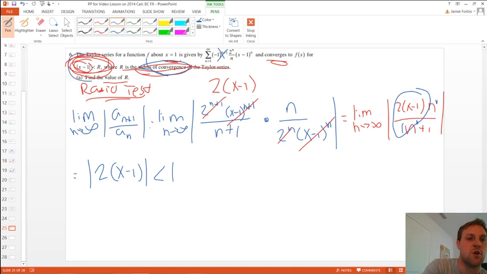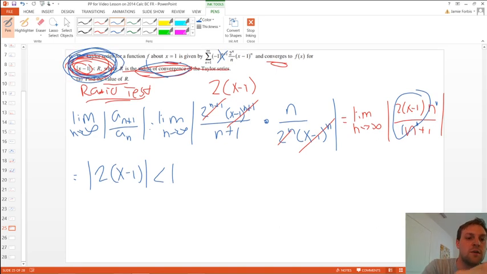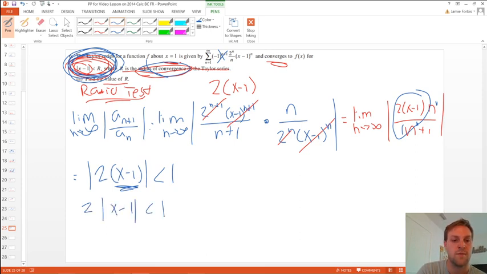So if I'm trying to solve for r in this quantity right here, all I have to do is get x minus 1 by itself, okay? So the absolute value of 2 is 2, so I got 2 times the absolute value of x minus 1 less than 1. And now all I got to do is divide by 2. So I got the absolute value of x minus 1 is less than 1/2. So when it's centered about x equals 1, the radius of convergence is between 1/2 and negative 1/2.